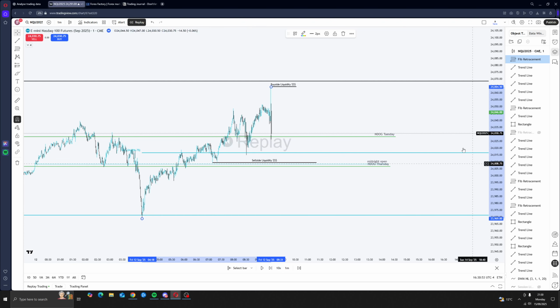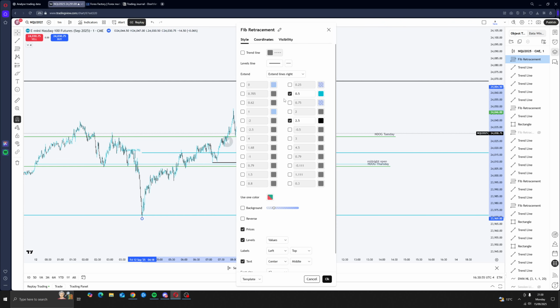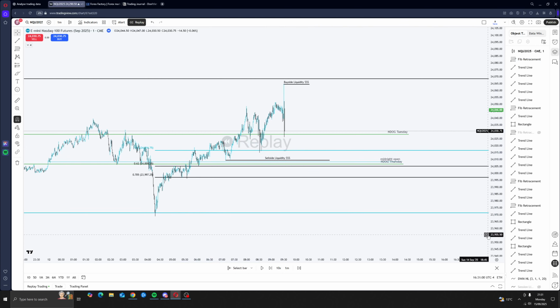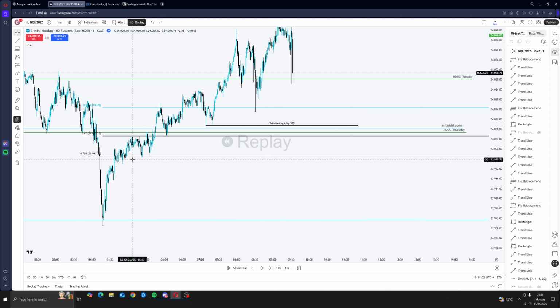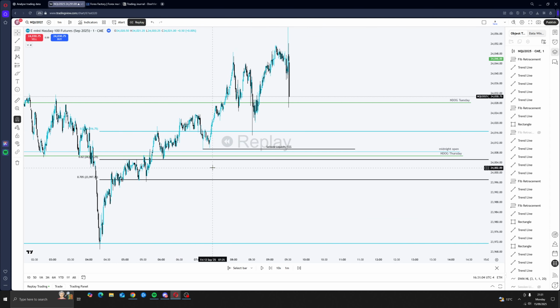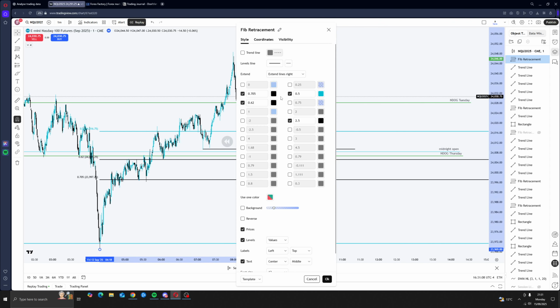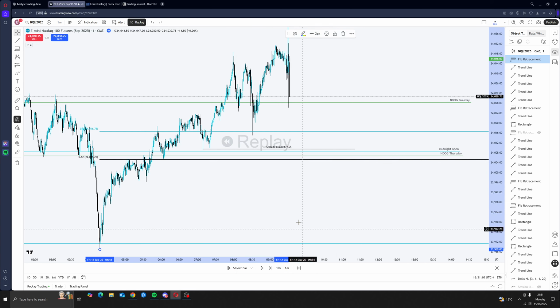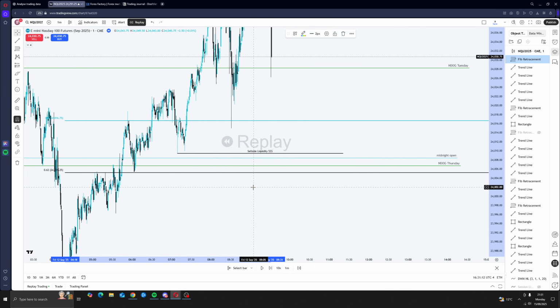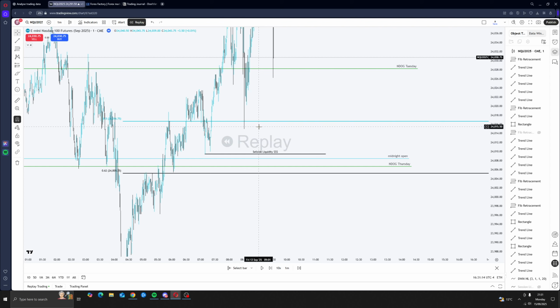Okay, but that looks like we might need OTEs. So 0.62, 0.75. This might be too far, but mainly I'll have this on after if price trades low. But now I'm seeing stuff stack. So we have discount area, right?